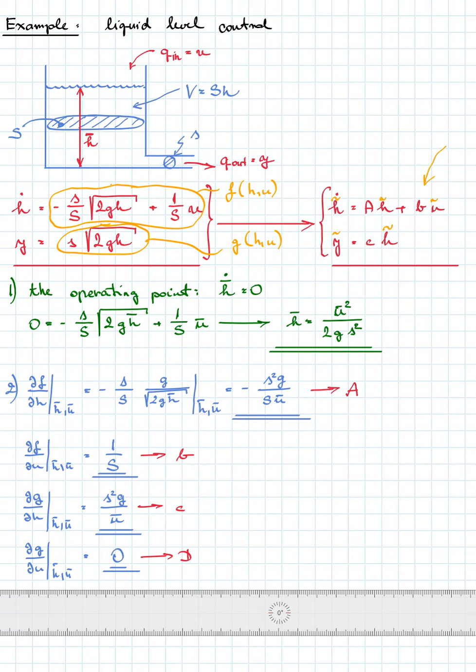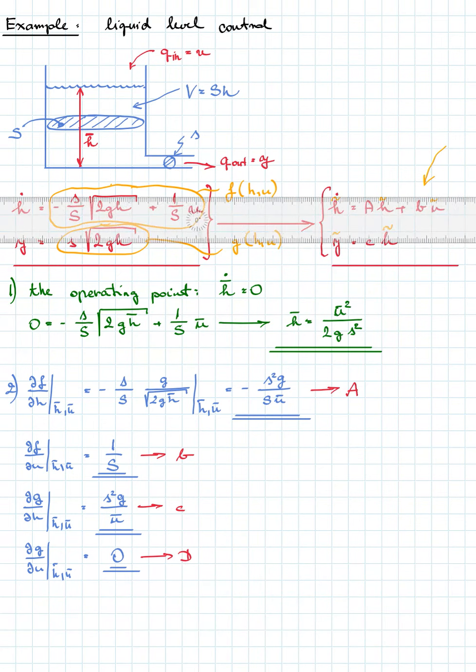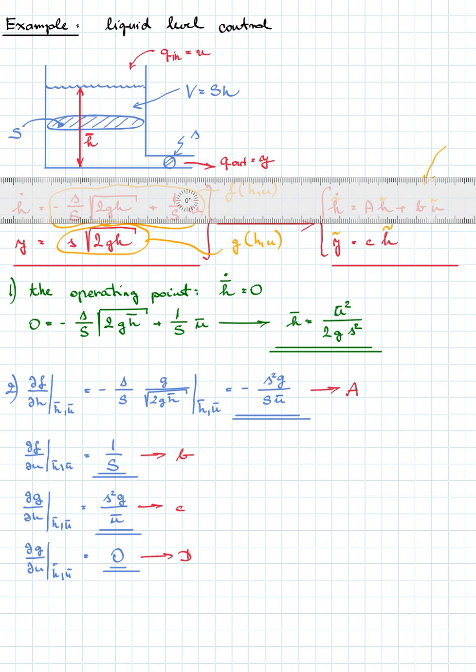But what does it mean in this case? In this graph, I put h bar, so this is the operating point, but the linearized system of equations is valid if our liquid level is changing a little, like this one.